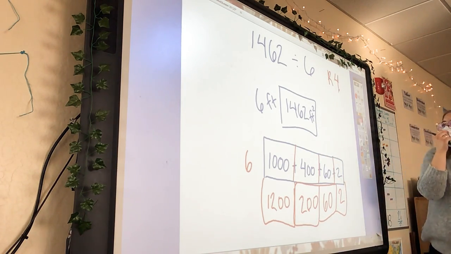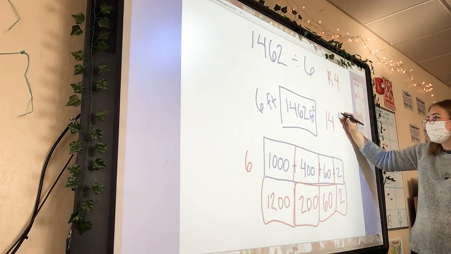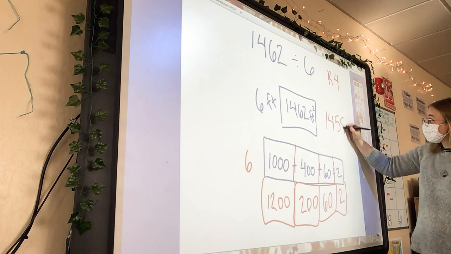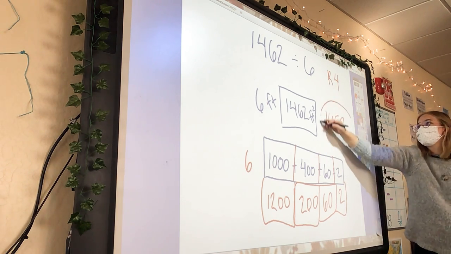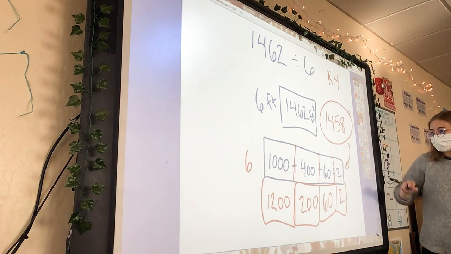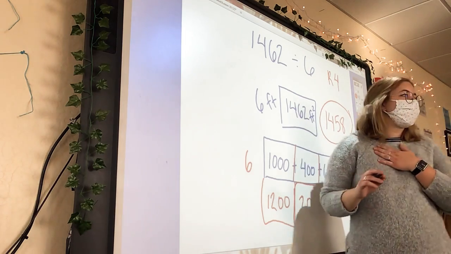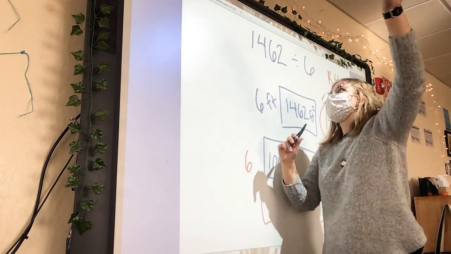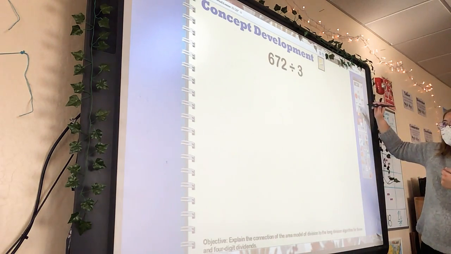If I were to take 4 out of that, let's see, that would give me 1,458. So I would actually take this number and apply it to here. But we're not going to do that, because we're going to get a little simpler. That was my bad. I went too advanced. So we're going to get back to the one that we did yesterday.